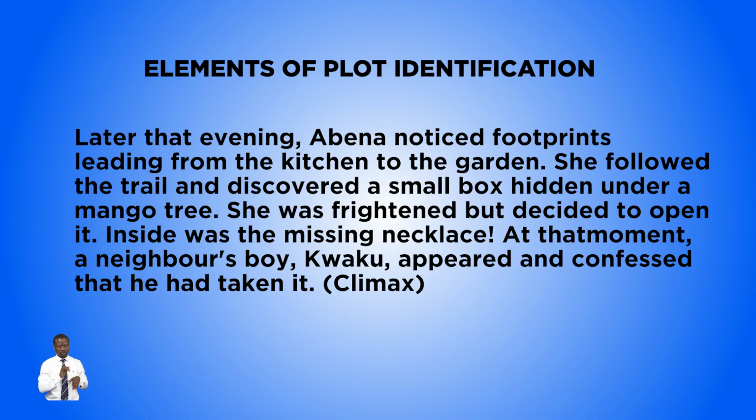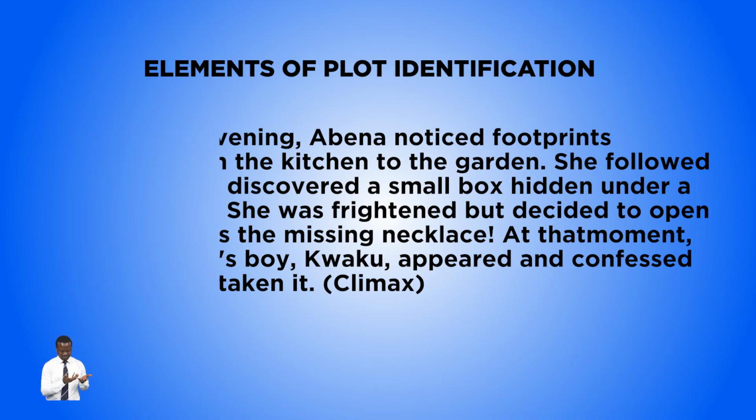At that moment, a neighbor's boy, Kweku, appeared and confessed that he had taken it. This part of the story is identified as the climax. As usual, why is it the climax? I believe you are having a good discussion with your friend. Let's continue.